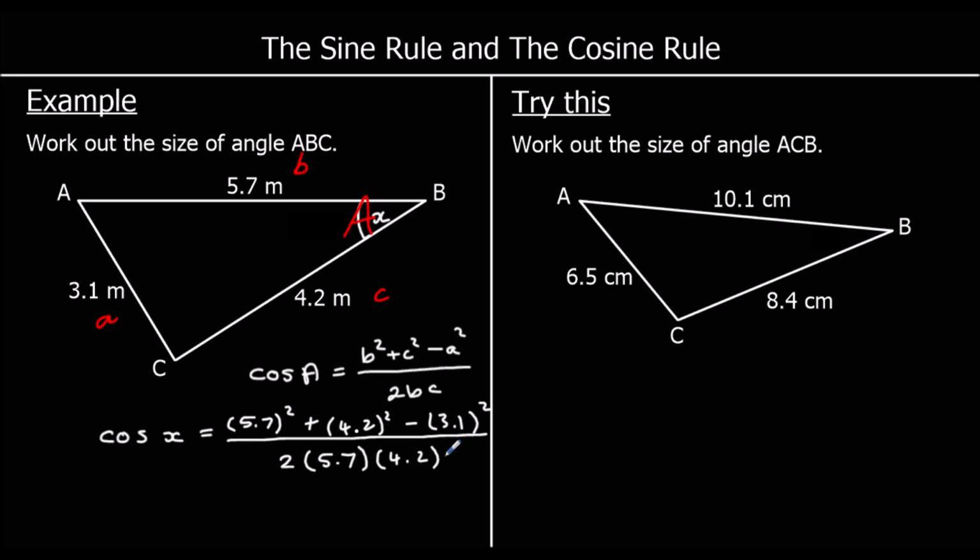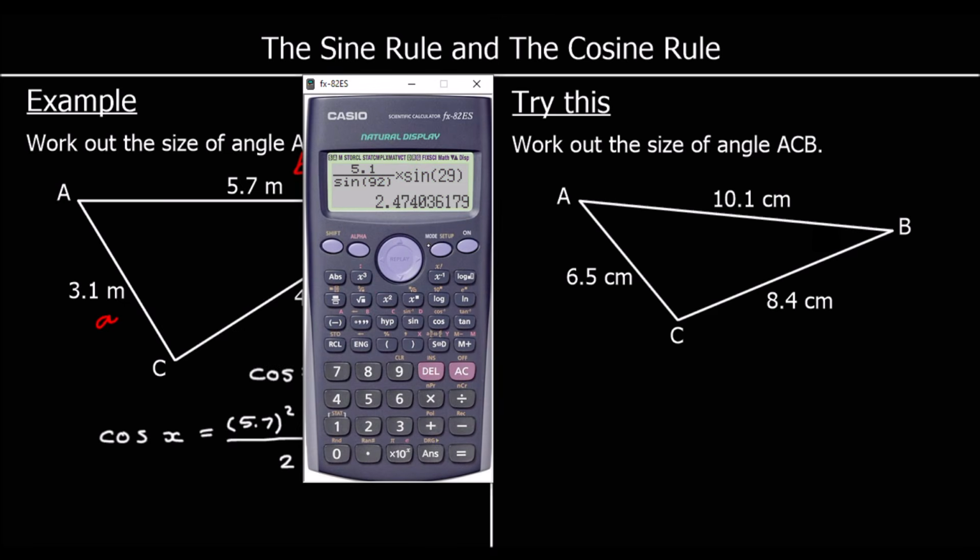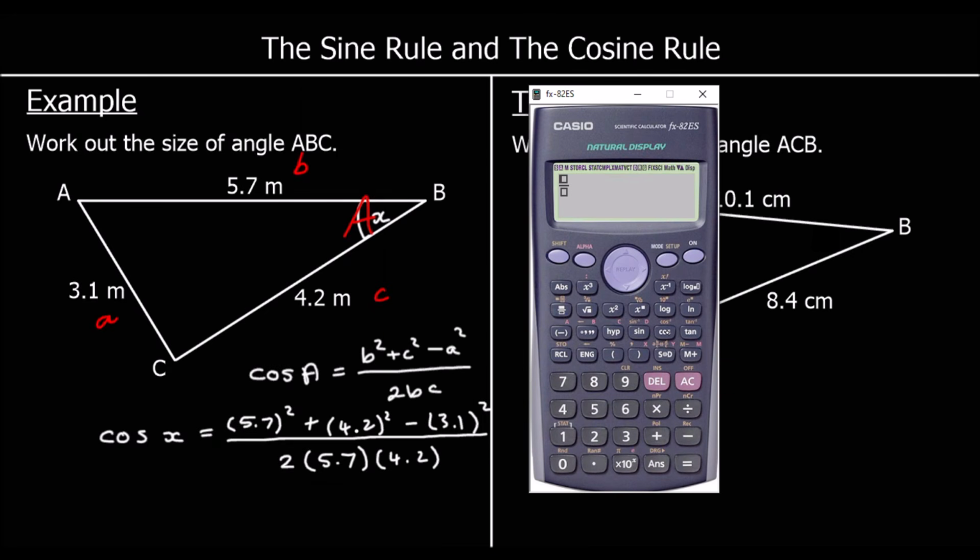So we can type this into the calculator. So that's 5.7 squared plus 4.2 squared minus 3.1 squared over 2 times 5.7 times 4.2.